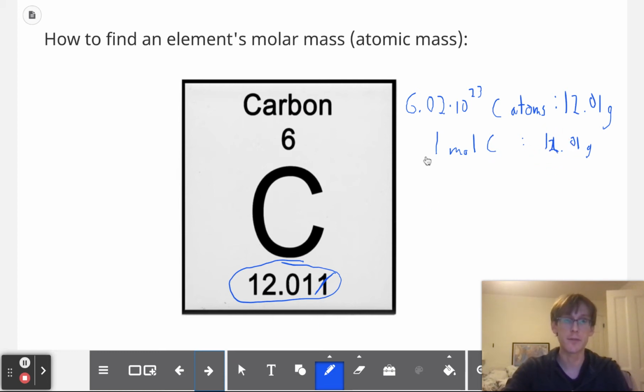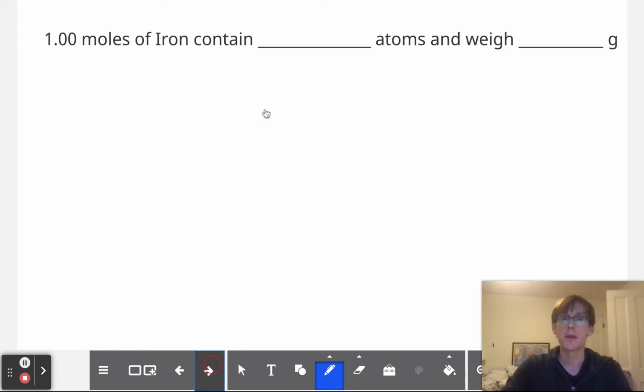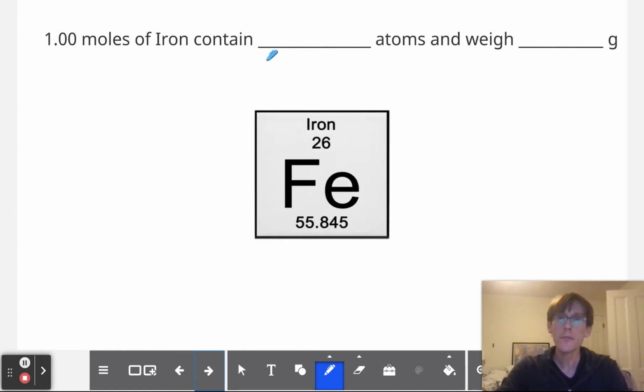So we have that concept of molar mass. 1 mole weighs that many grams. So what we could say is that 1.00 moles of iron contain 6.02 times 10 to the 23rd atoms, and they weigh 55.85 grams.